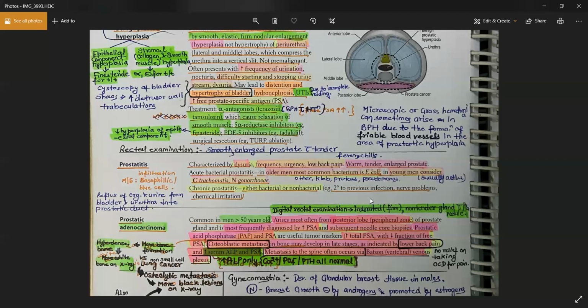The highest two grades will be added, and that is the Gleason's grading system. Metastasis often occurs to the vertebra via the Batson's plexus. The patient will always complain of lower back pain. So a patient having lower back pain, a high level of PSA, and a positive DRE, think about prostatic adenocarcinoma.